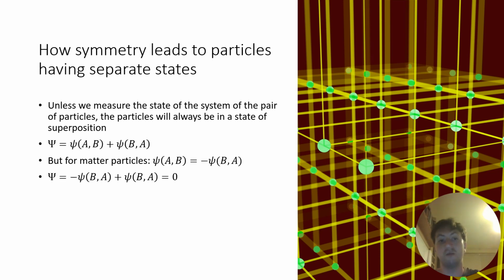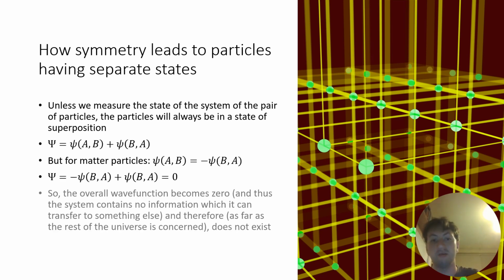So the total wave function is minus psi of BA plus psi of BA, where psi is just the letter used to represent a wave function. And if we're taking away something and then we add that same thing, we get 0, no matter what that thing is. So the total wave function is 0.